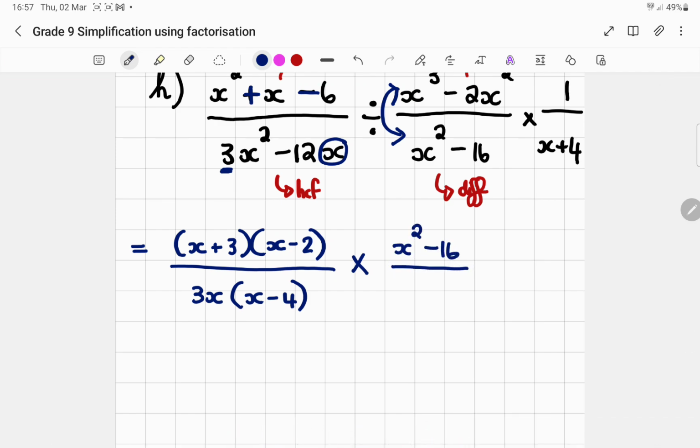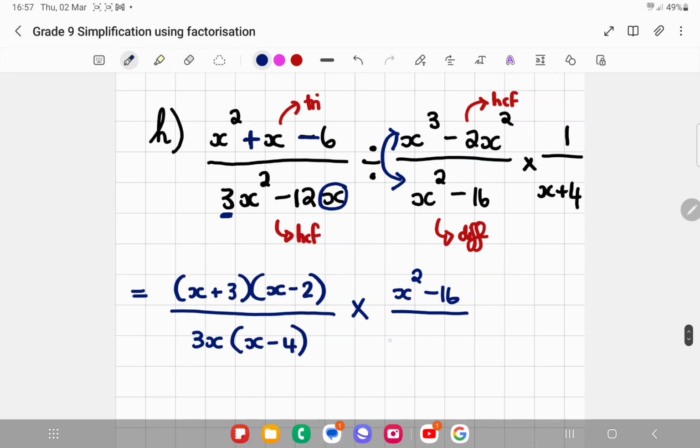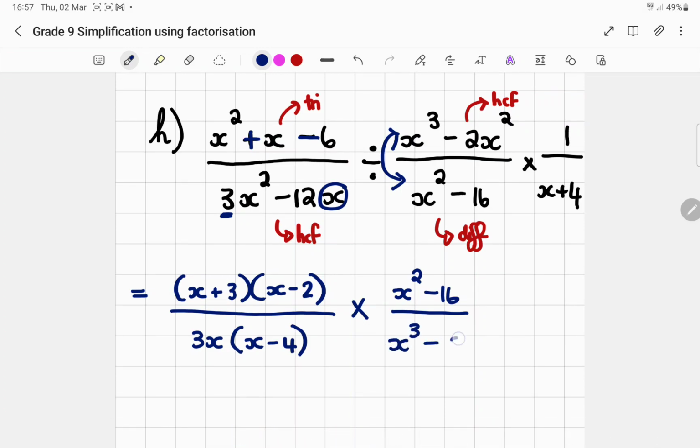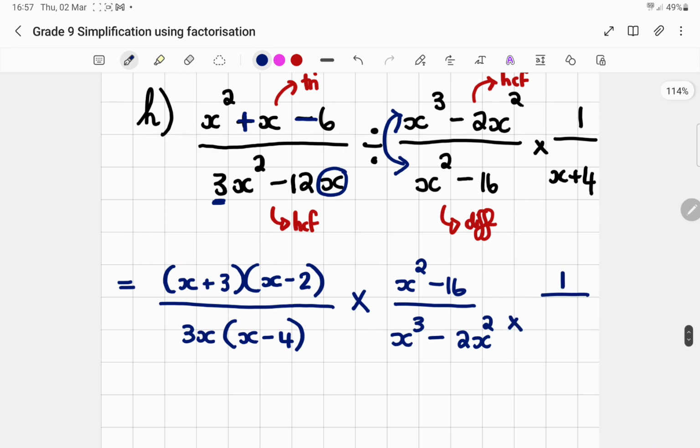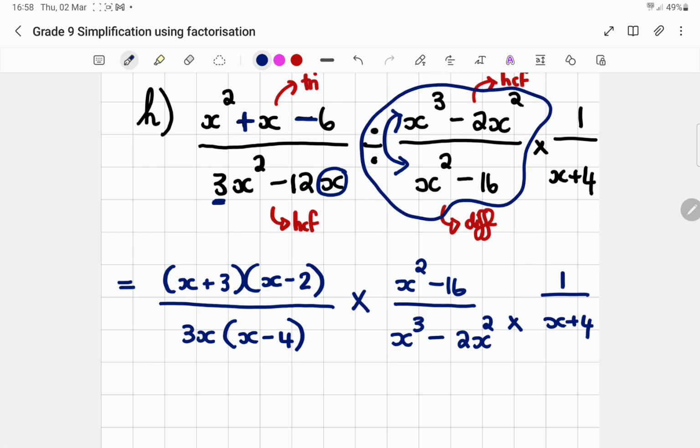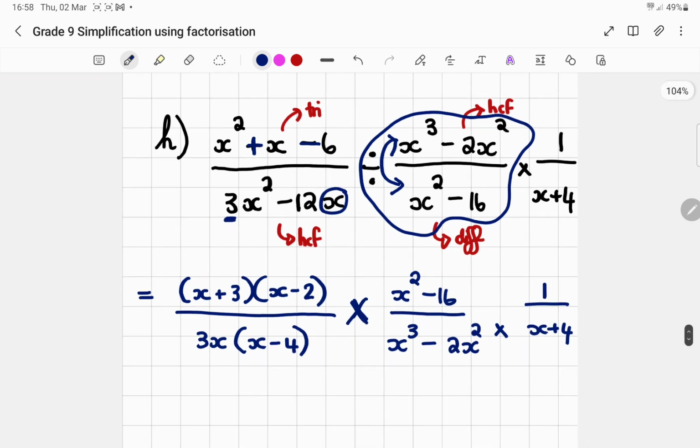I'm going to factorize now again. And the things at the top go and stand at the bottom, times 1 over x plus 4. And whatever is after that stays exactly as it was. It's only this part over here that changes. So you times and tip.